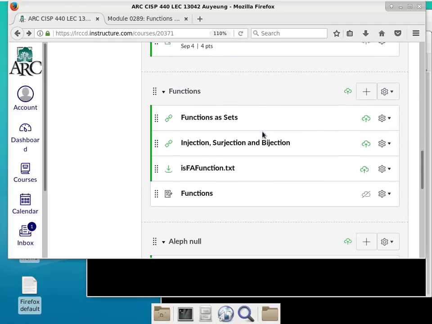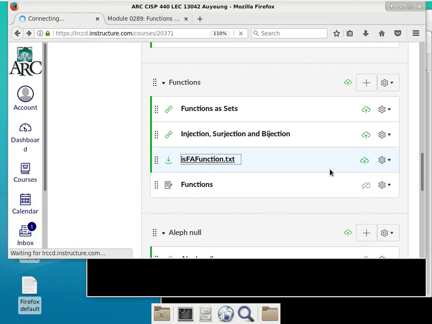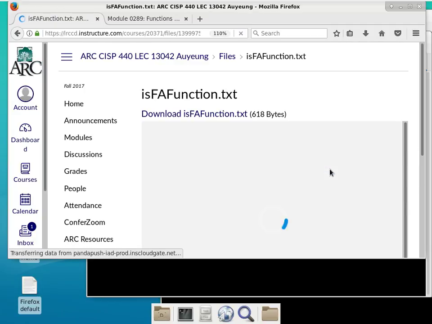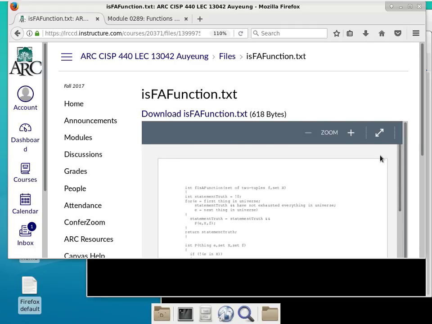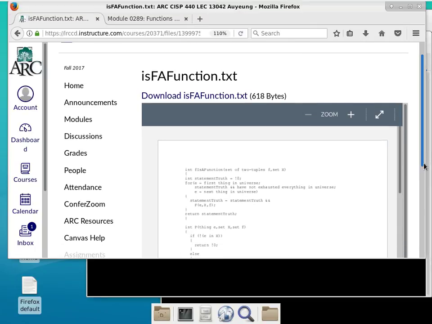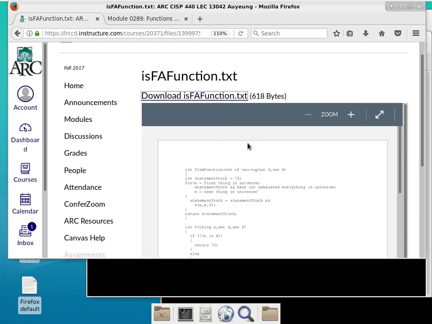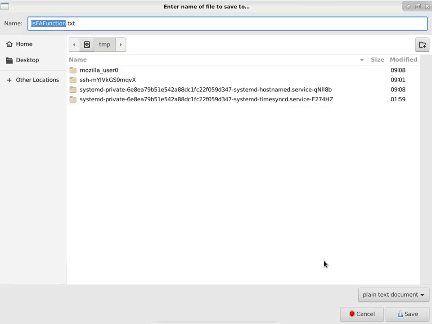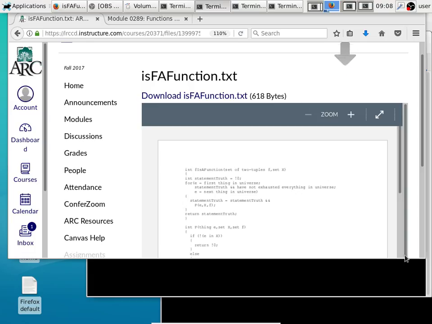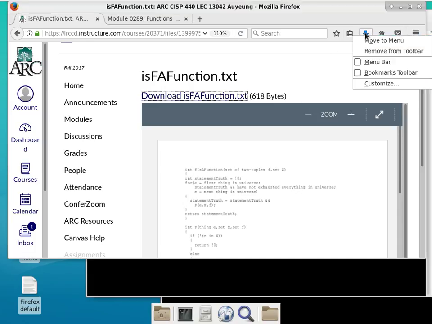Where is the, yeah, there we go. Okay, this doesn't show very well, does it? Let's download it first. Save it, guys. And then open it.